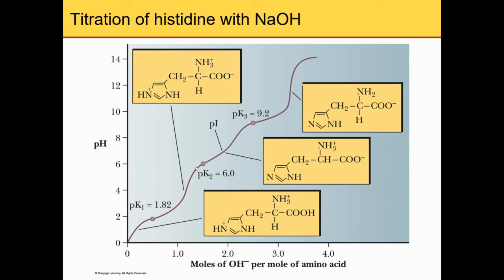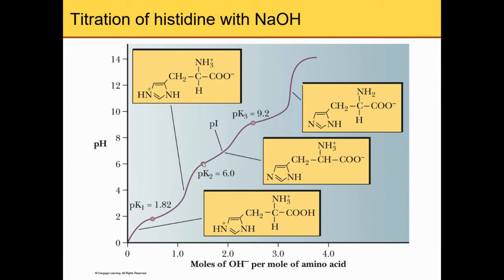In the range between pK1 and pK2, it would be mainly the +1 form. Between pK2 and pK3, the dominant form is the pI, the neutral form, depending on which point.